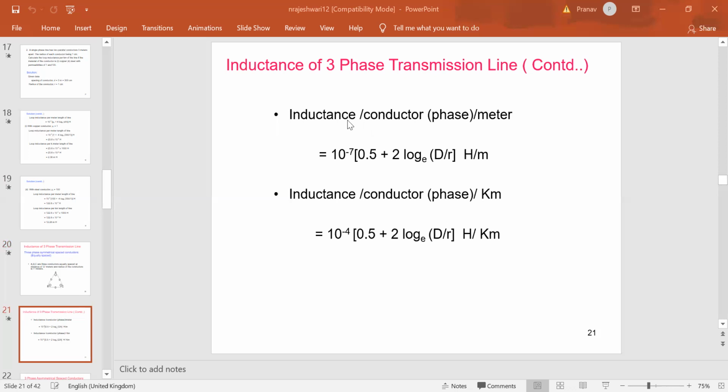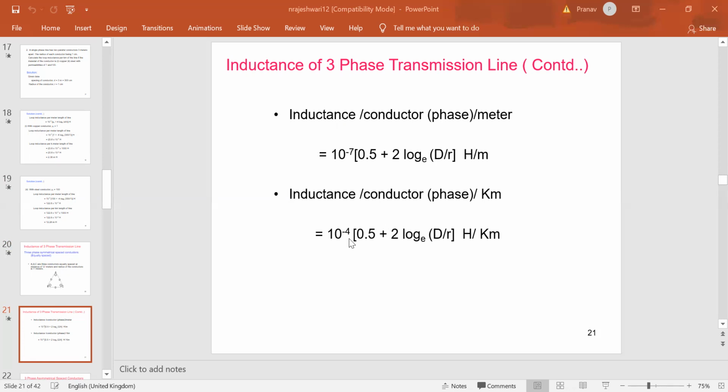And the inductance per conductor per phase, per meter, will be given by the formula 10 to the power of minus 7 into 0.5 plus 2 log of capital D by r henry per meter for equal spacing.